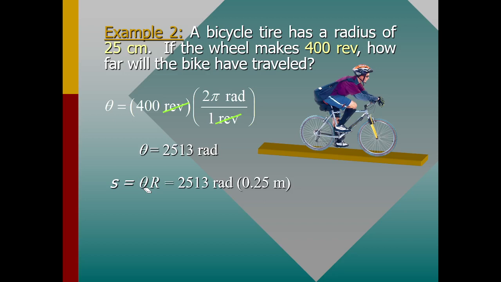From there, the answer is that the bicycle had to move 628 meters. So here I've just played with the formulas once again.